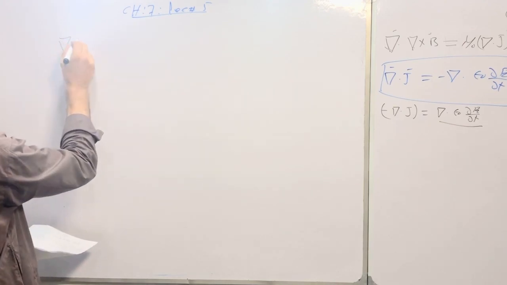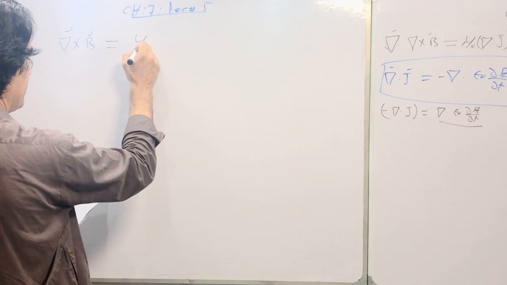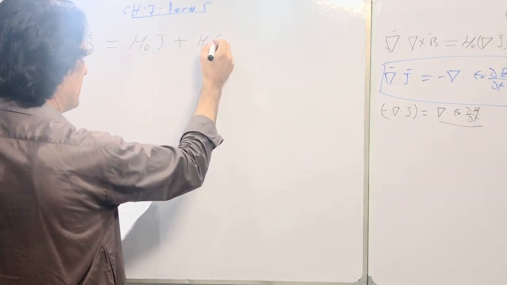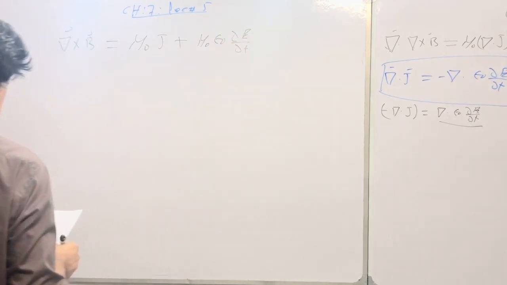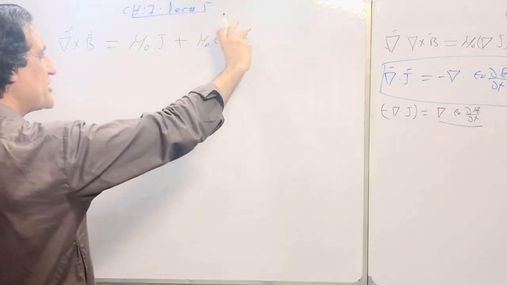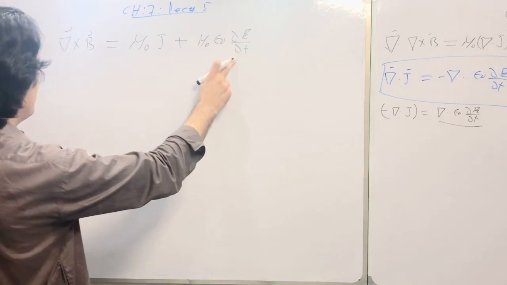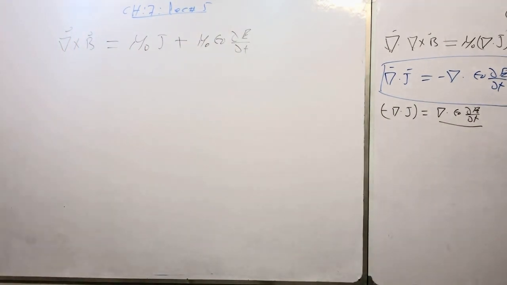Del cross B, this is the equation that Maxwell corrected, with mu naught epsilon naught partial E divided by partial T. From this equation, one can say that by changing the electric field with time, one can induce the magnetic field.